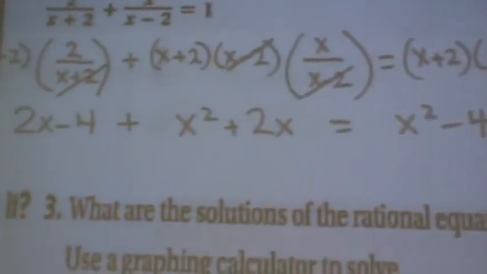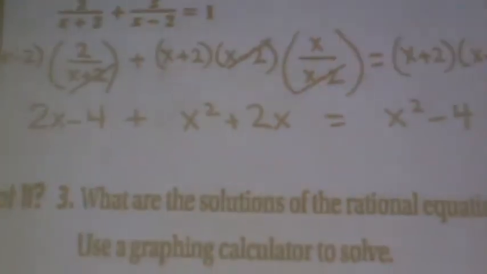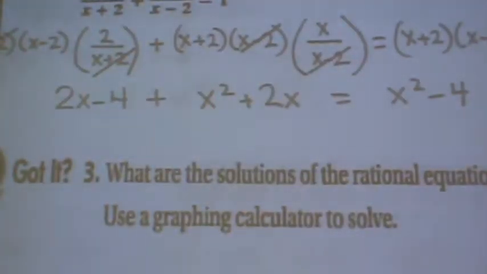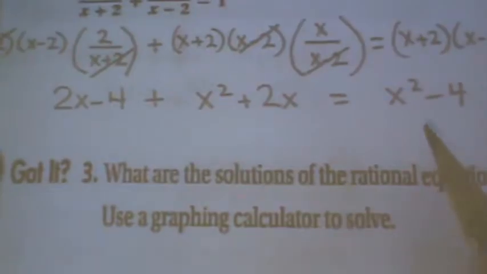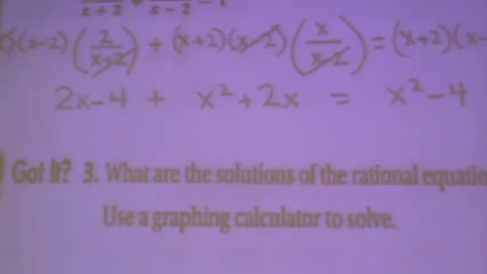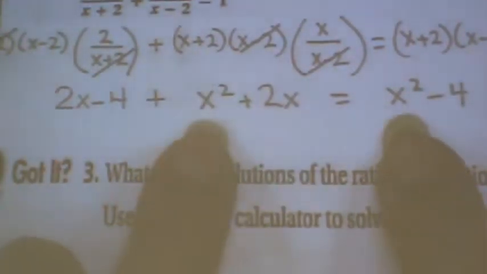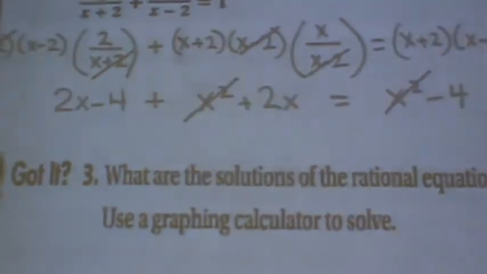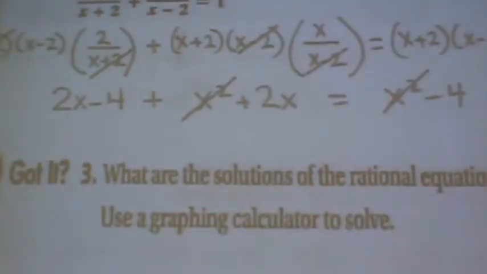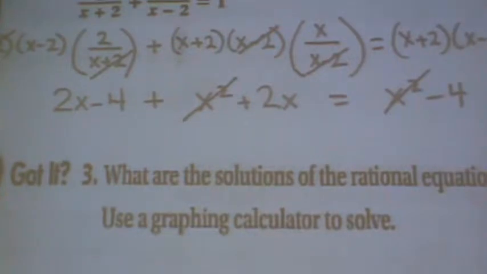Next, how are you going to solve this? Combine them. What cancels? These x squareds cancel. What else cancels? Nothing else really cancels.